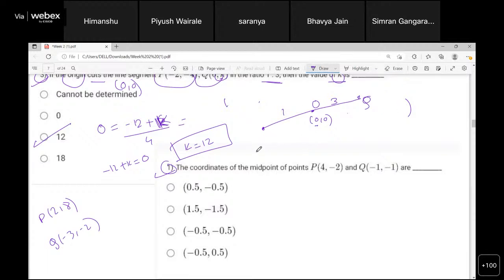We have to find the value of m by n. Now just apply that formula: m is to n equals x minus x1 upon x2 minus x. So this is my x, this is my x2, and this is my x1.